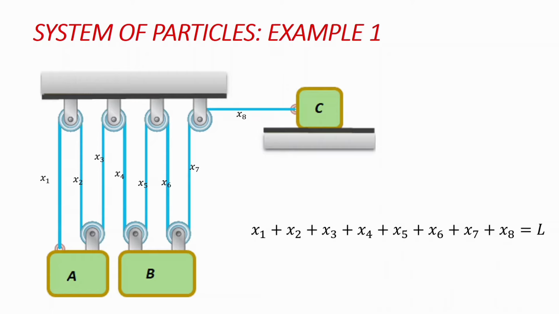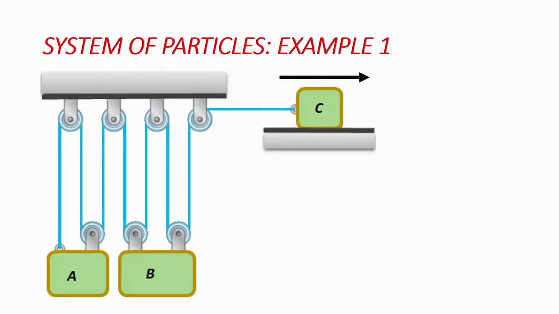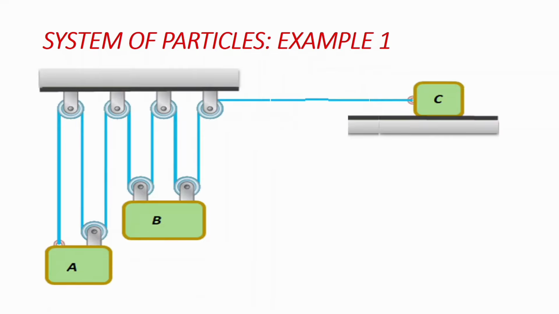Let's say that's L, such that we have S1 plus S2 plus S3 down to plus S8 is equal to L. If we consider that block C moves to the right, that will cause block B to be displaced upwards, and that will make block A to be displaced downwards, such that we can have the system at a particular time to be as shown.